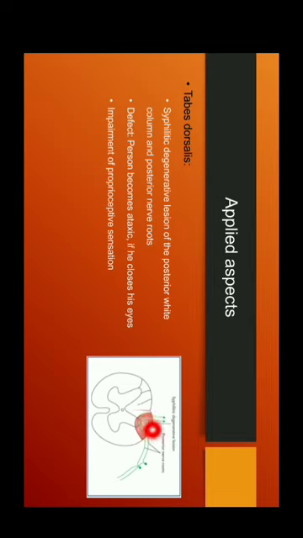So definitely the conscious proprioception is lost. The person becomes ataxic. Ataxic means he sways when he closes his eyes. This is due to loss of conscious proprioception. Thank you.